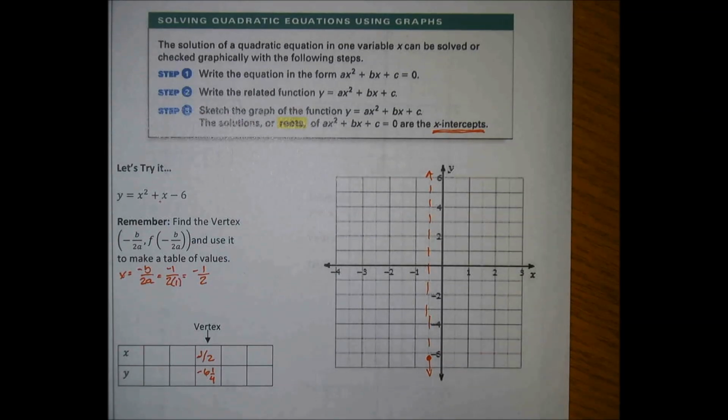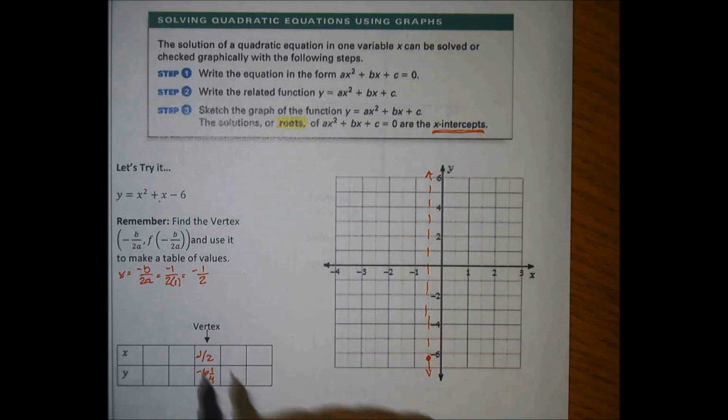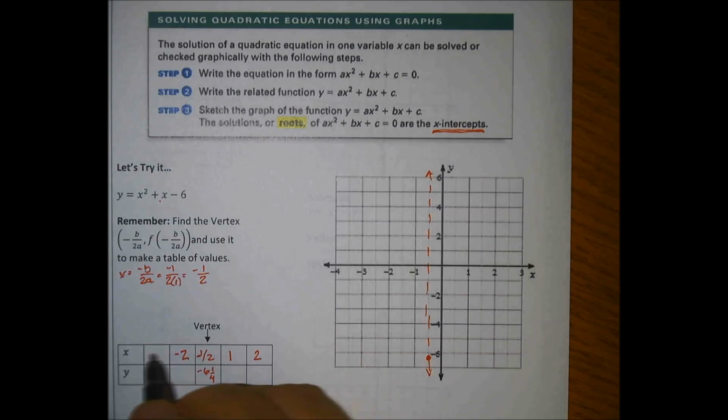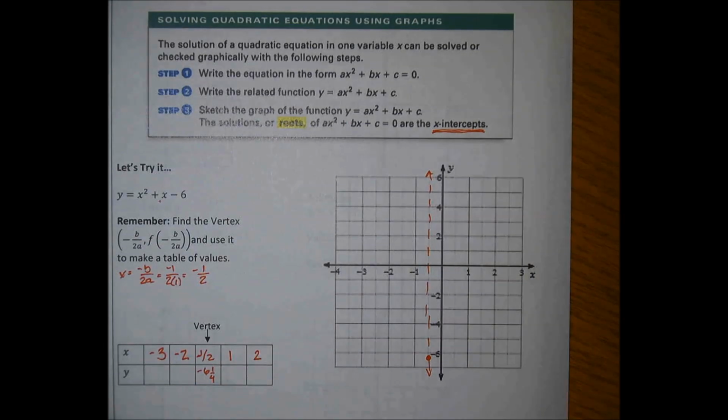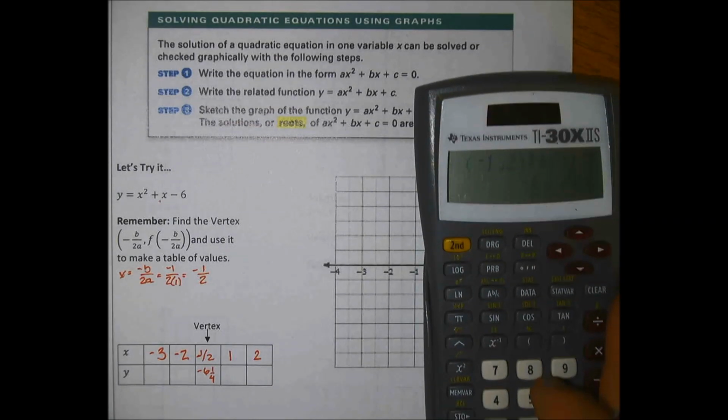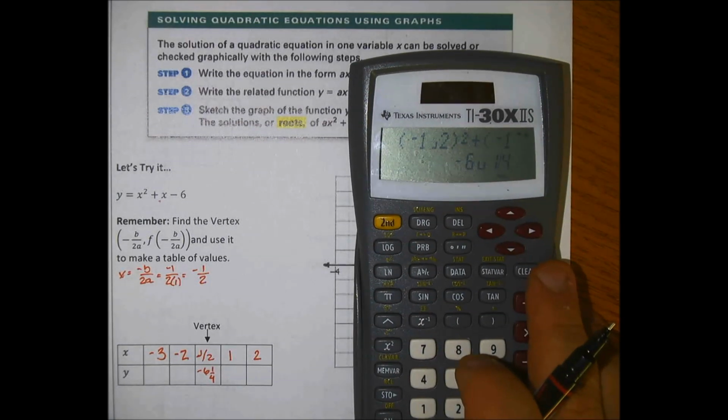But as we remember, that's not as big a deal as figuring out the other points to use. I'm not going to use 0, that's really close to my vertex. So I'm going to use 1 and 2, and on the other side, negative 2 and negative 3. I just picked those numbers at random, and I'll talk about an easier strategy in a second.